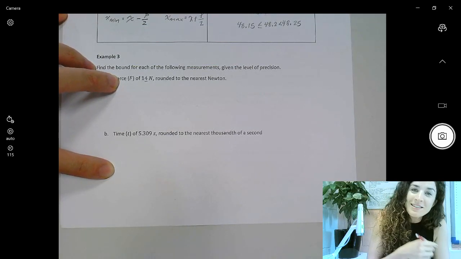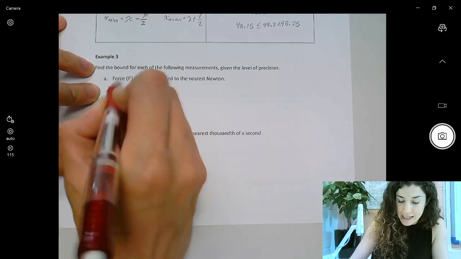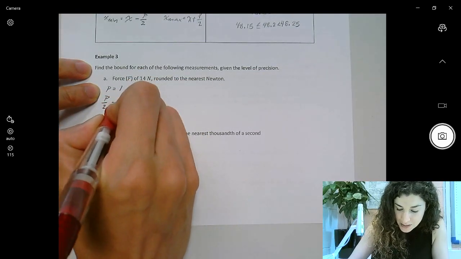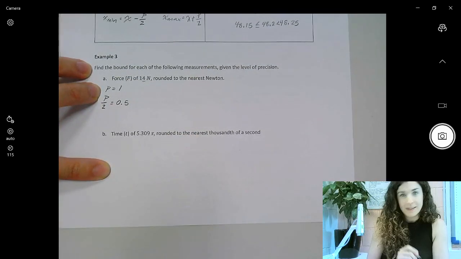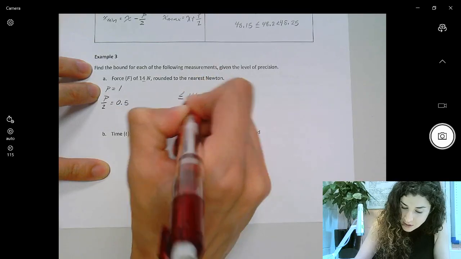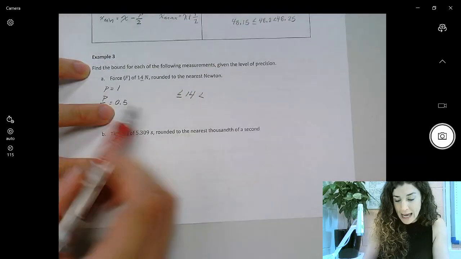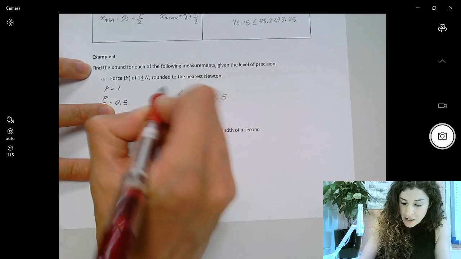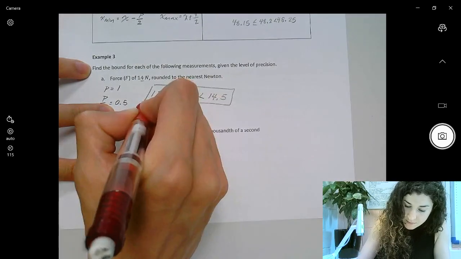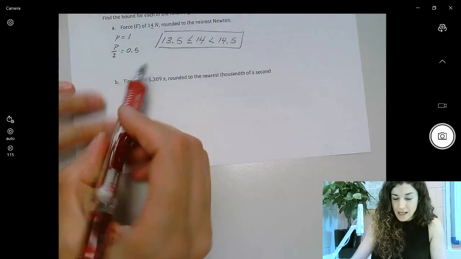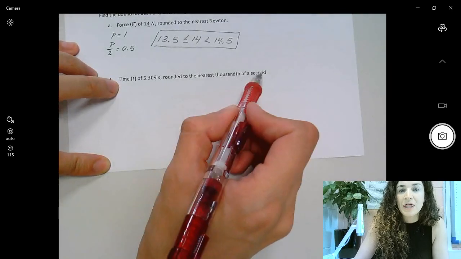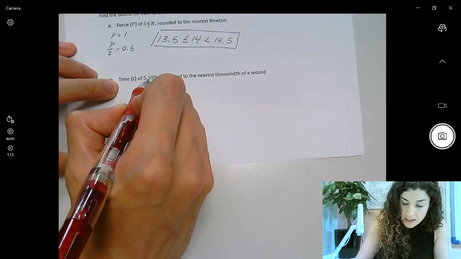If we rounded to the ones place, then our P is 1, which means our P over 2 is 0.5. Just divide it by 2. So then we take 14 and create the skeleton of this problem, and we add 0.5 and we subtract 0.5. And you're done.